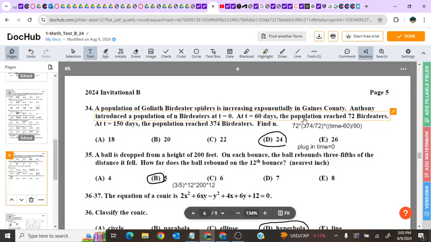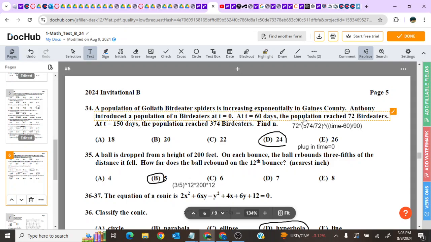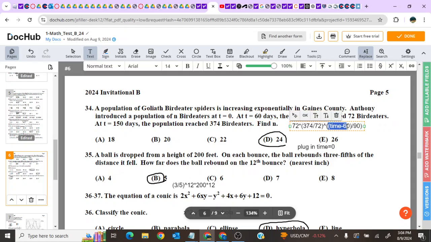So we're given a lot of stuff, so I'm going to try to explain this the best I can. After 90 days, the population was multiplied by 374 over 72. I hope you can understand that, because after 90 days, it went from 72 to 374. That's going to be the exponent we use. And then it took 90 days, so we divided by 90 to counteract that.